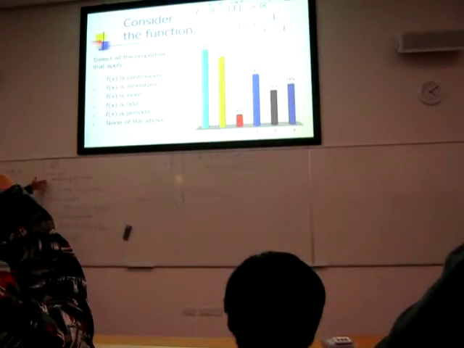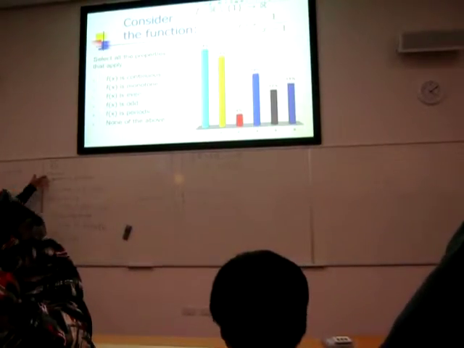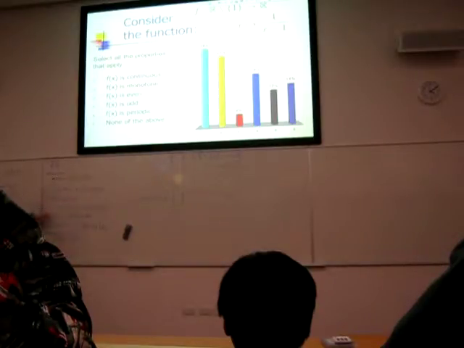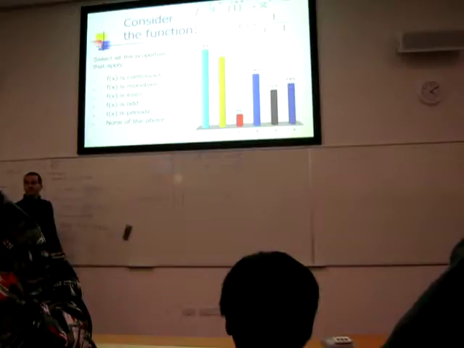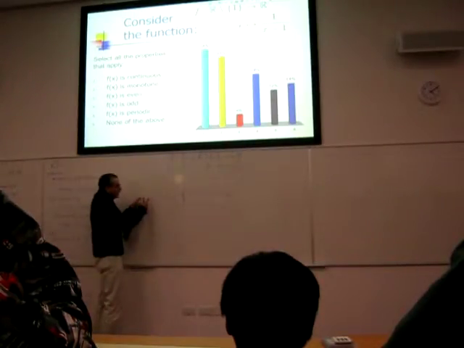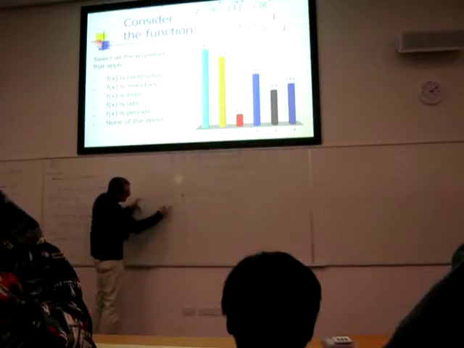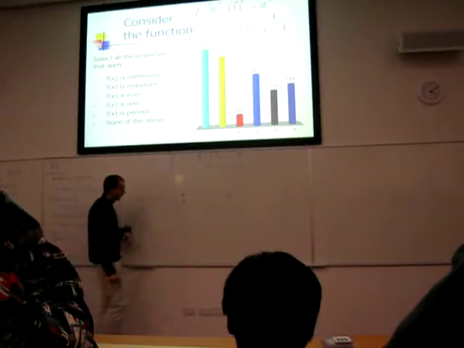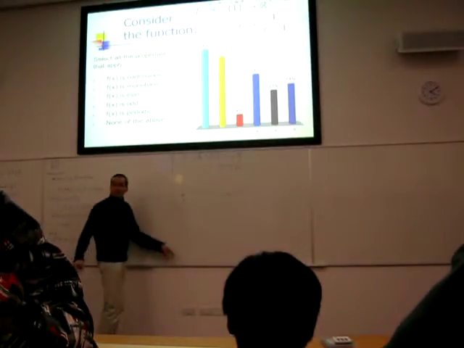So is it increasing, or strictly increasing, or decreasing, or strictly decreasing? No. Why not? Well, if you look at it, this one here is strictly decreasing, but then it makes this massive jump.